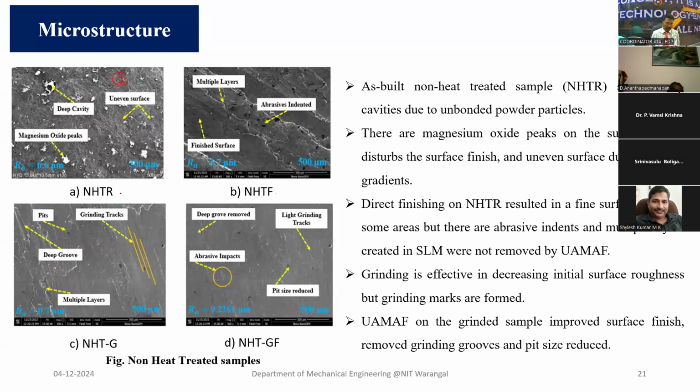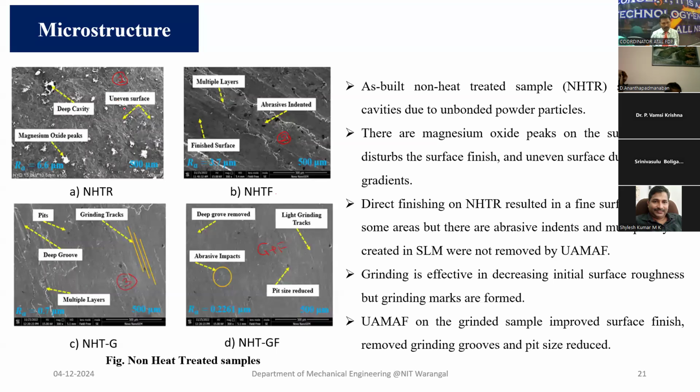This is the non-heat treated as-it-is component, and this is non-heat treated, but we performed a grinding operation on this. Sorry, this is finished by UAMF, and this is the grinding operation, right? And this is initially performed grinding and then performed finishing.